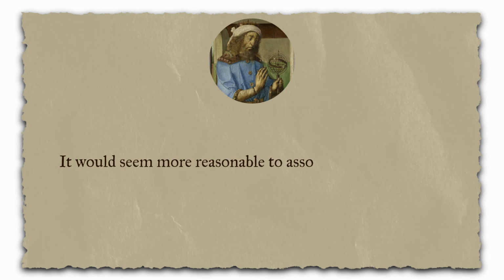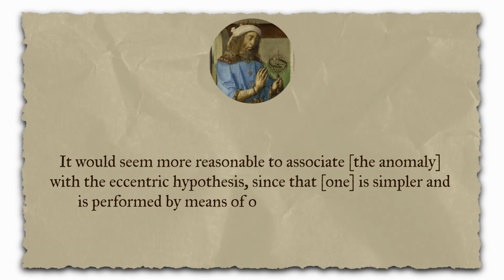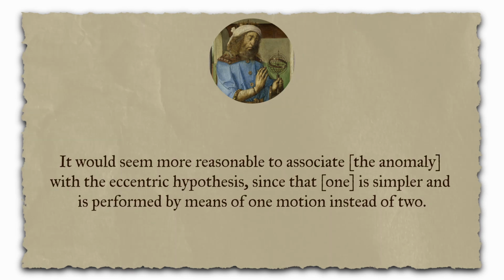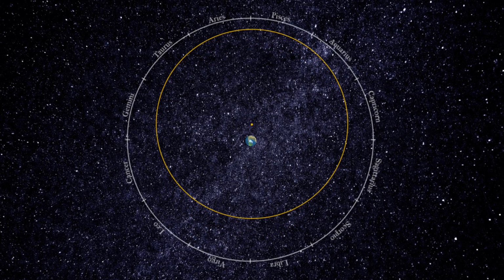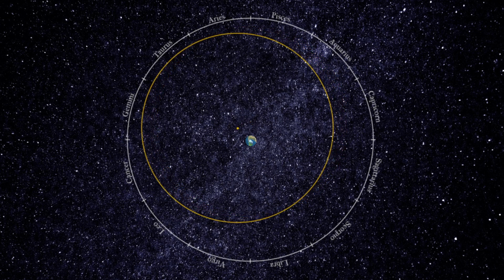He states that it would seem more reasonable to associate the anomaly with the eccentric hypothesis, since that one is simpler and is performed by means of one motion instead of two. To set up this model, there's a few things Ptolemy will need to know, which is how far the center of the sun's circle is offset and in which direction.